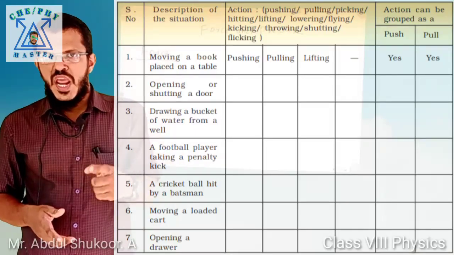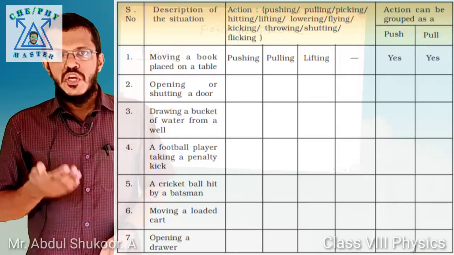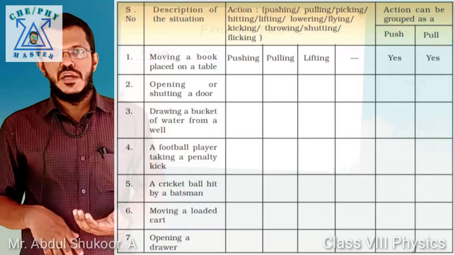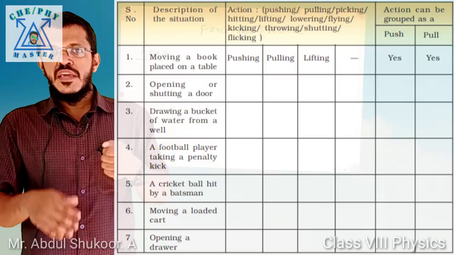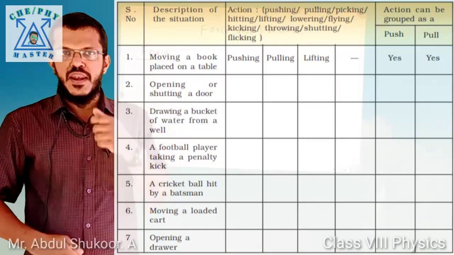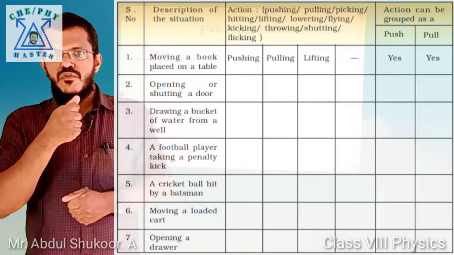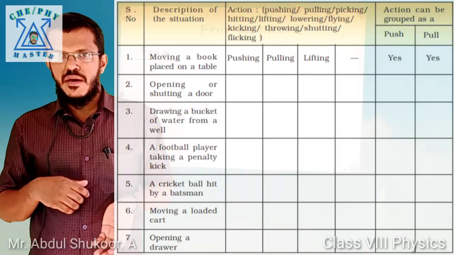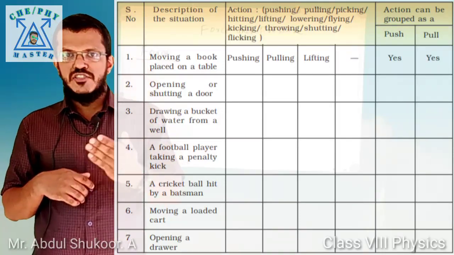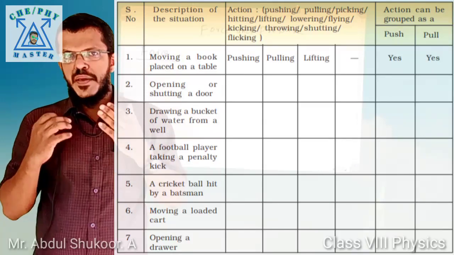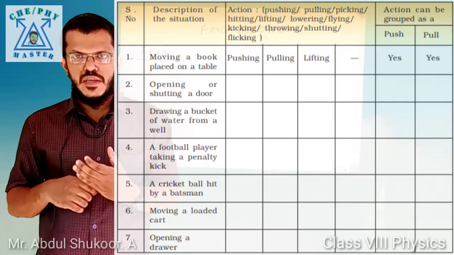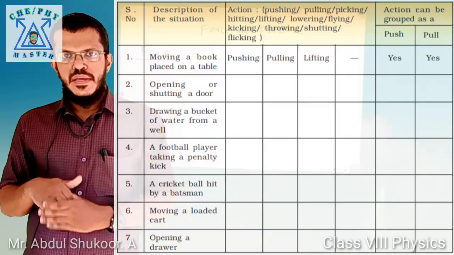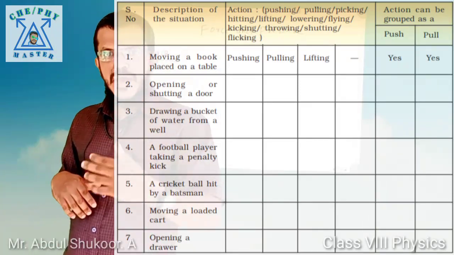Second situation, opening or shutting a door. Third, drawing a bucket of water from a well. Fourth, a football player taking a penalty kick. Fifth, a cricket ball hit by a batsman.